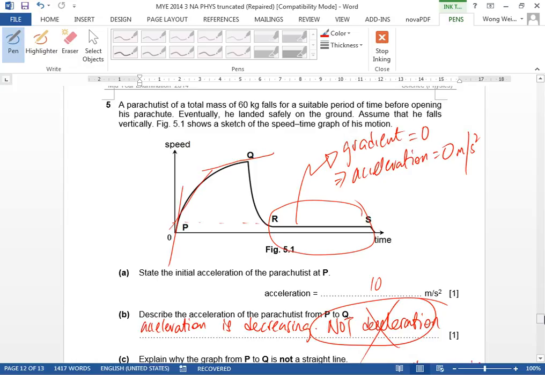Owen says they are wrong because this is not equal to this. That is why you must be careful on how you phrase it.